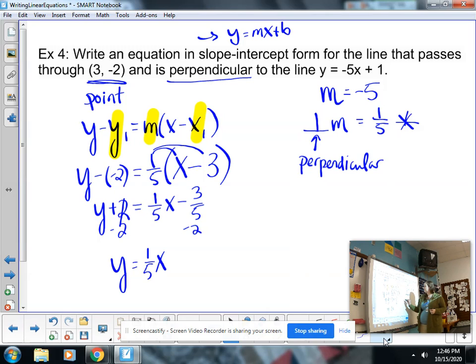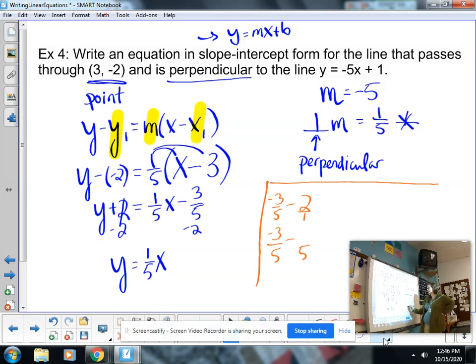So this negative 3/5 minus 2. I just box this off as a separate thing. In order to subtract fractions, they have to have the same denominator. This 2 is really understood to be over 1. So my common denominator is going to have to be a 5. Between 1 and 5, common denominator is going to be a 5.